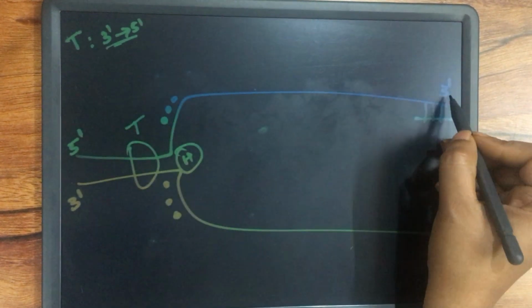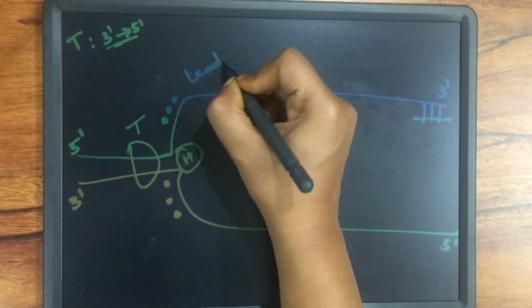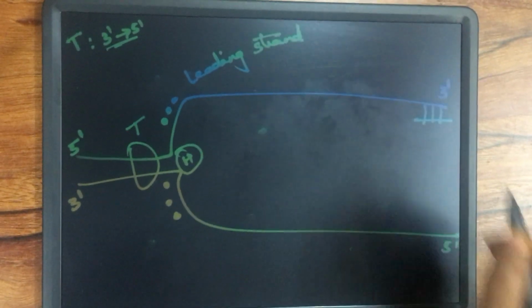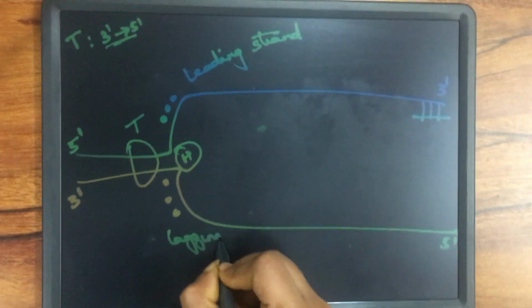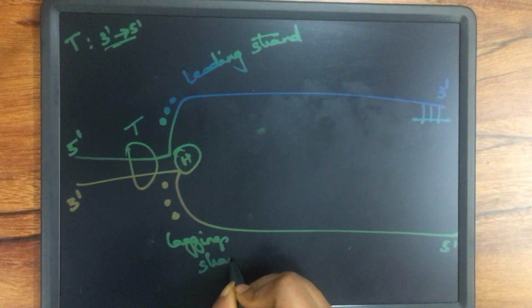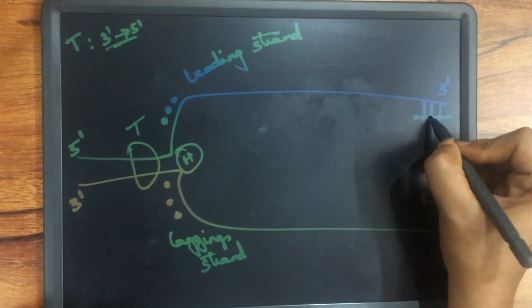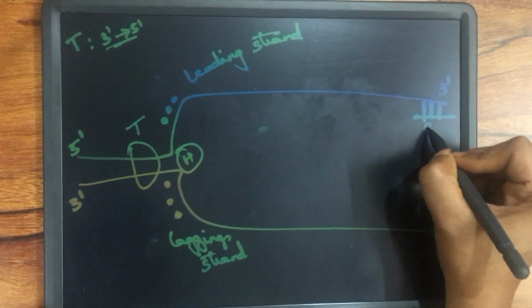So when the template is 3' to 5', it is called the leading strand, and when it is 5' to 3', it is called the lagging strand.